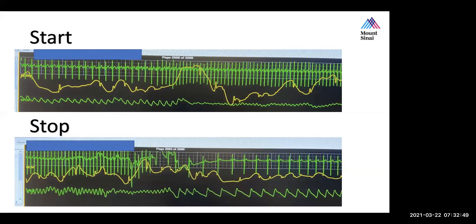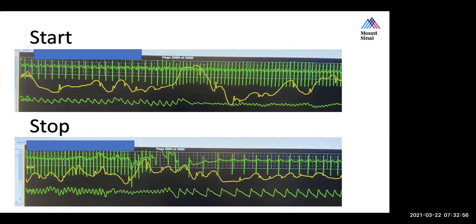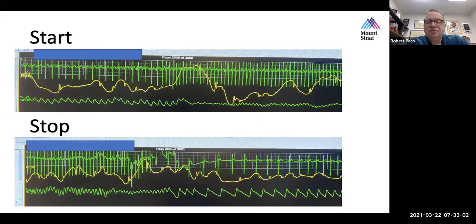Well, I see that the PR is not short, and I can't probably say anything about the delta waves, but the PR doesn't look short. That's right. And the important point I'm trying to make here is when you give adenosine and you terminate tachycardia, if you have WPW, typically the first couple of beats after termination will have very significant pre-excitation because you've blocked the AV node.